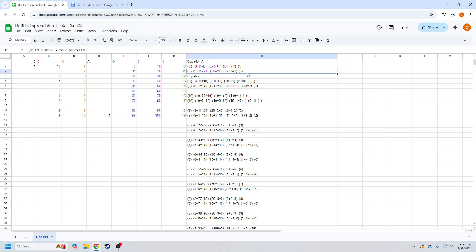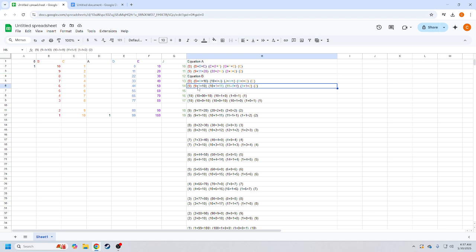All right? Now for the second equation, we're going to take our first value of B. Once again, for example, we're going to take 9 and we're going to add it to 1 instead of 11. What we're basically doing is we're taking 11 and we're splitting it in half to see if the equation will still work in a second form.